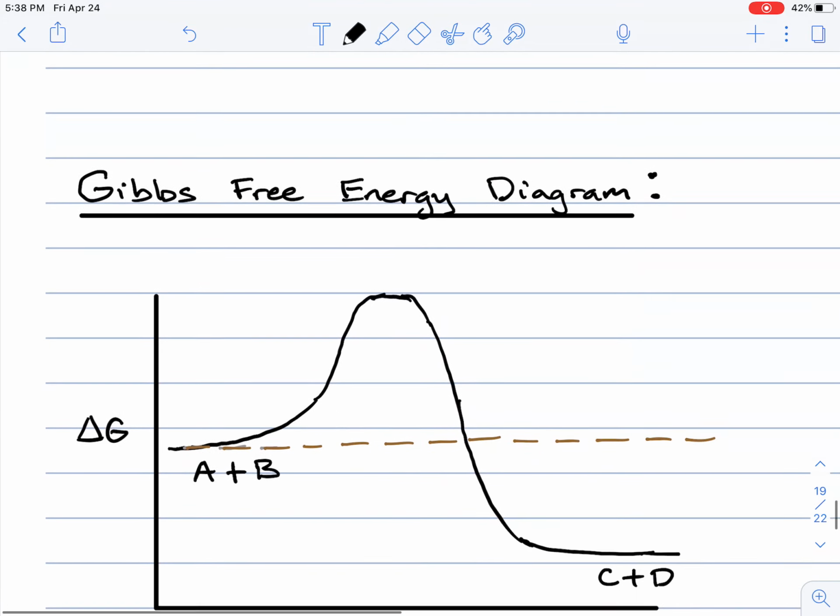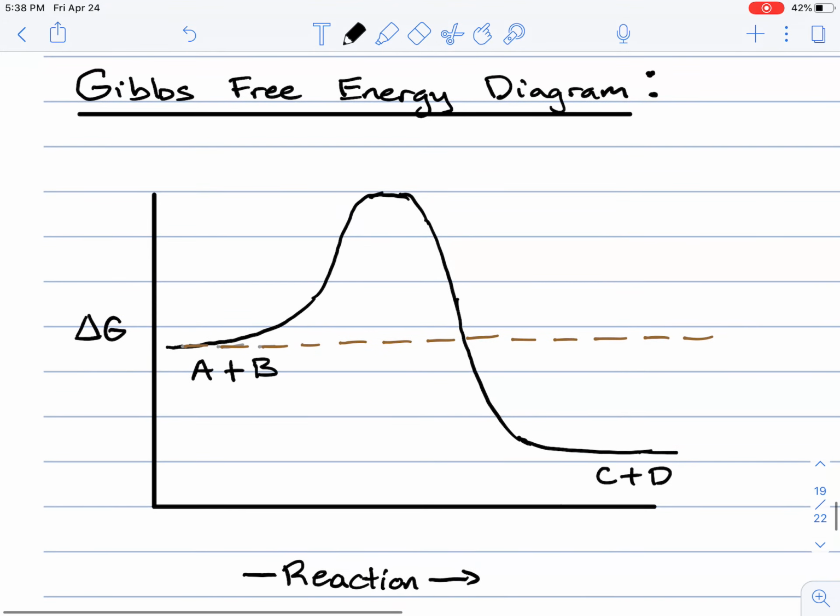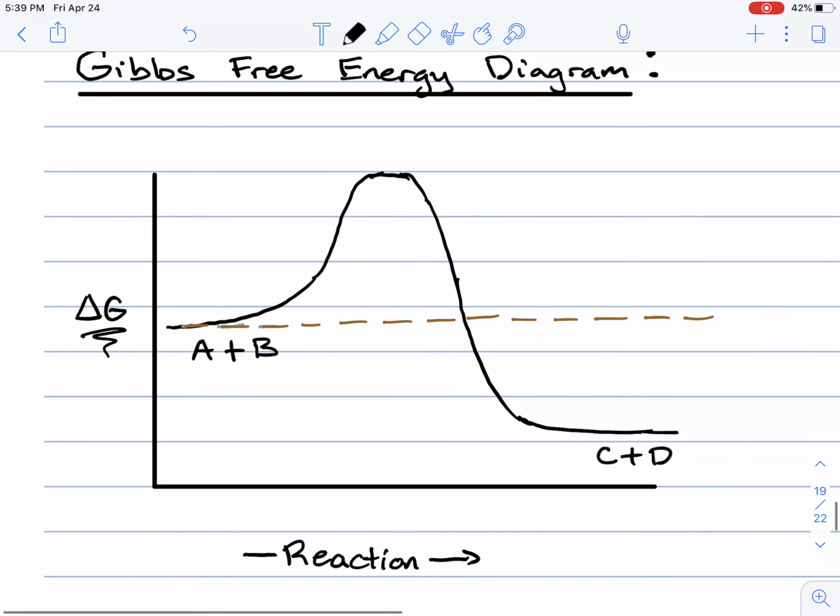Very similar to the potential energy diagram, the Gibbs Free Energy diagram is taking a look at the progress of a chemical reaction with respect to the change in Gibbs free energy. Hence, the y-axis is representative of the Gibbs free energy, and the x-axis is representing the course of the reaction.